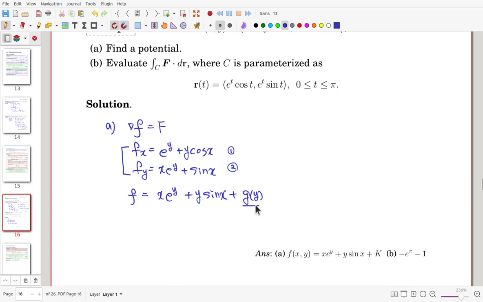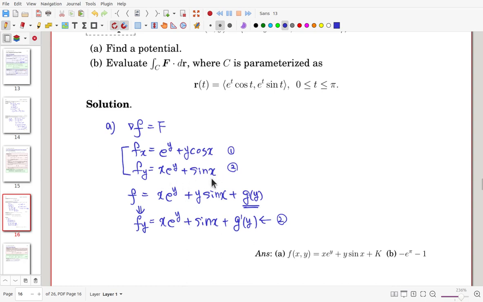Okay, now we have to decide this one. In order to do that, from here we take the y derivative. Then there is x e to the y, and y will disappear, and sine x, and that must be g prime y. We compare this term with that second equation.